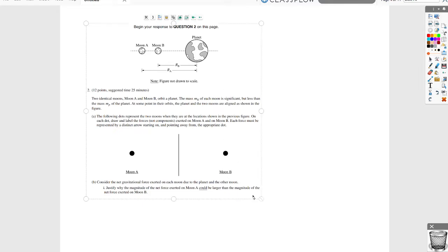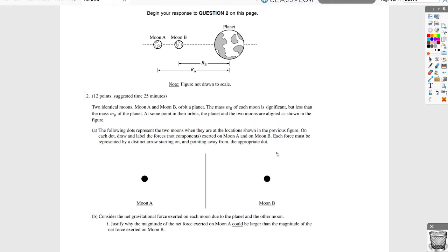This is the next question. Two identical moons, A and B, orbit a planet like this. So draw the forces on those. Moon A. First of all, planets attract each other. So you have to know that because they attract each other, every force will be pointing at each other.